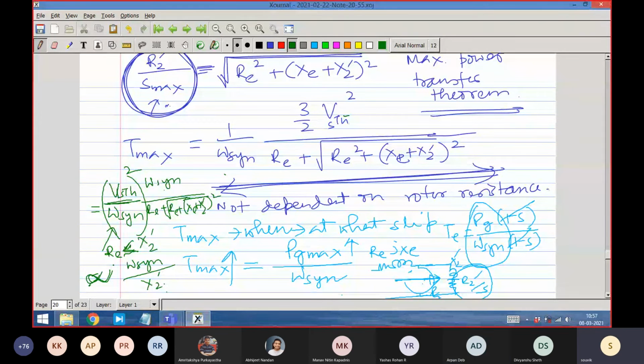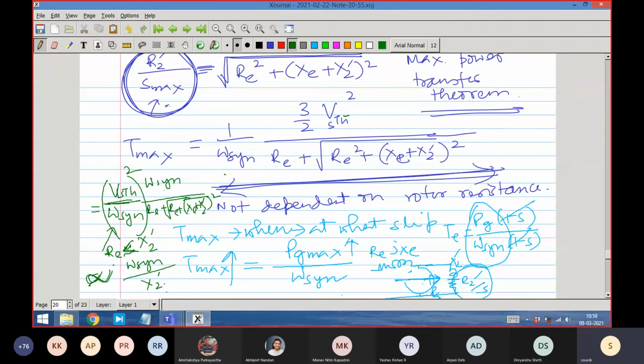For the time being, you just think that I am changing the electrical frequency. Let us say both are electrical. Let me clarify one more time. Let us take this case. The machine is 2-pole, and we are changing the electrical frequency.